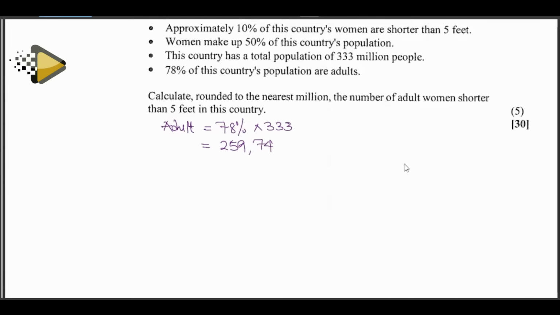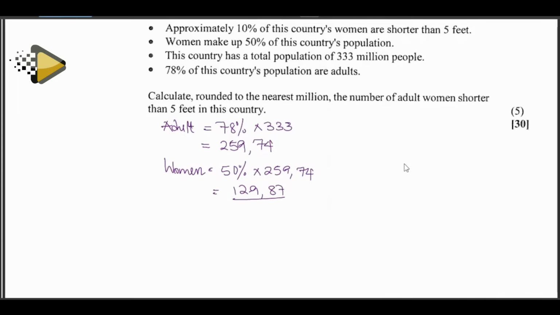Then having looked for that, look for women. Remember, they have told you it's 50%. So we shall multiply, giving us 129.87 million.